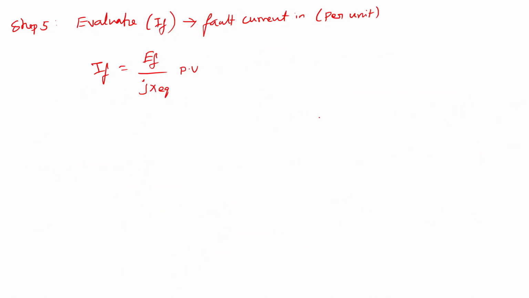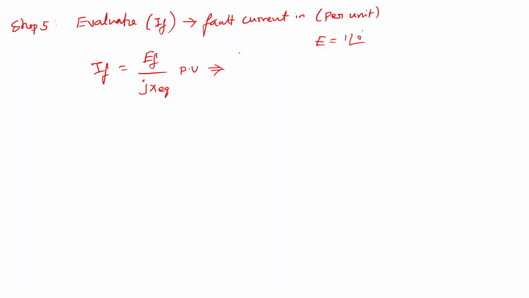And then, what is the E value we usually assume? E is equal to 1 angle 0.